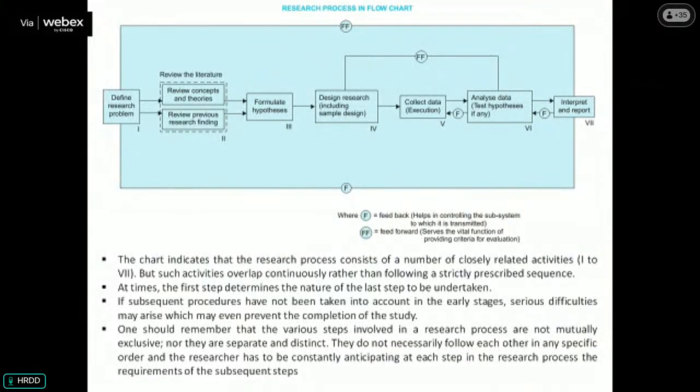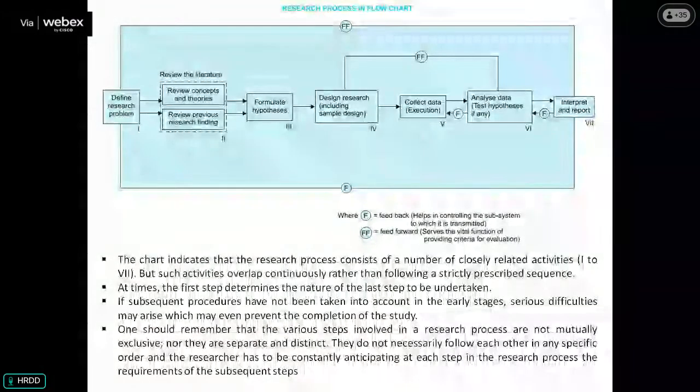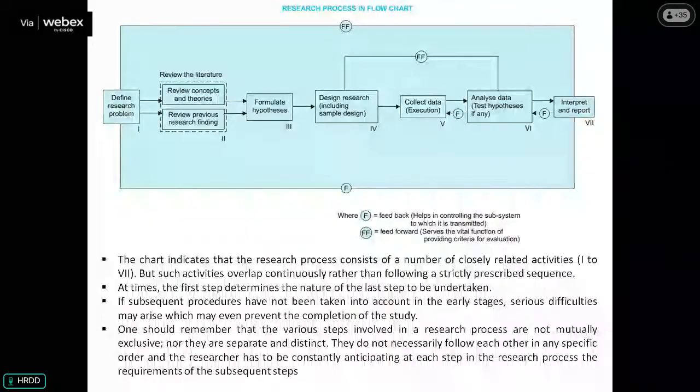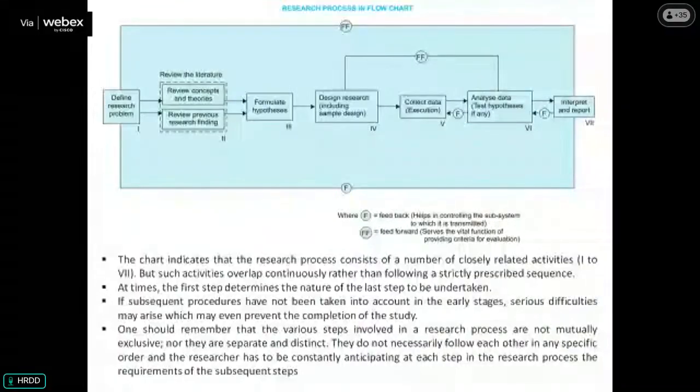So he did with many samples, and he was struggling with a new sample. So then he went and saw the literature, how it has to be done and how it looks like, and he could correlate. Okay, it will be like this, and so on. So they do not necessarily follow each other in order, and each step in the research process affects the requirements of the subsequent steps.